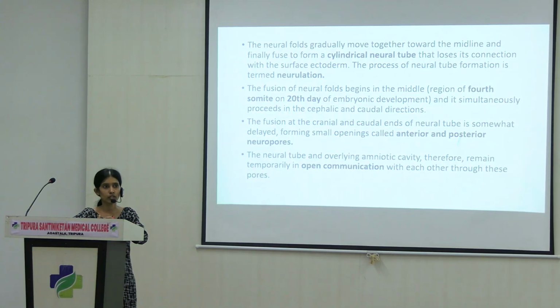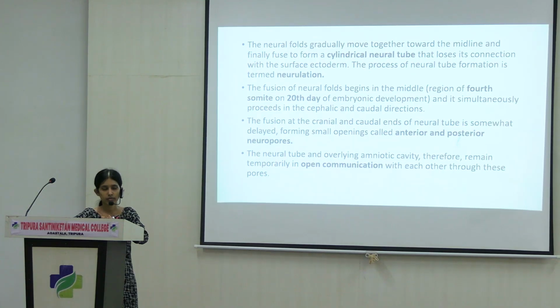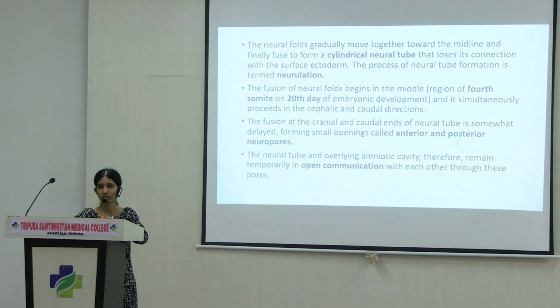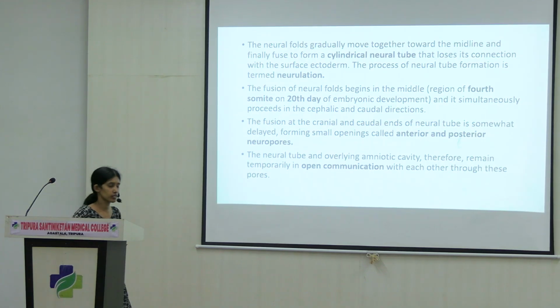How many somites are present in the embryo? 2 pairs? 2 pairs. Okay, fine. Any other answers? How many pairs of somites?